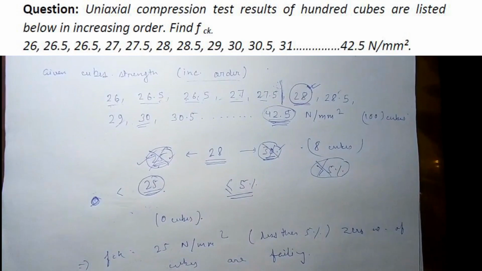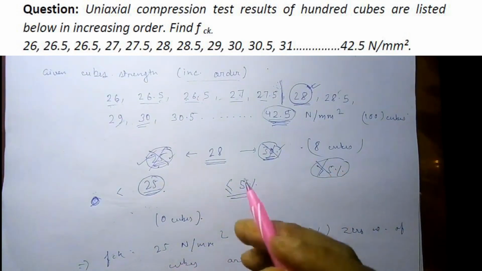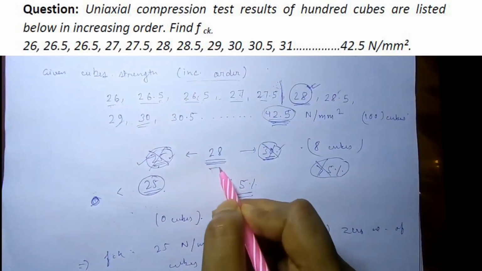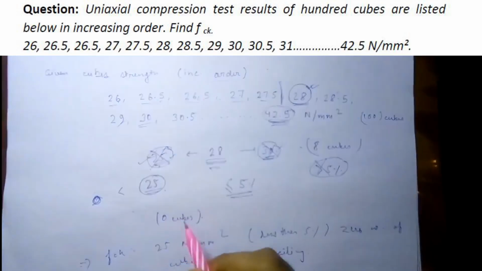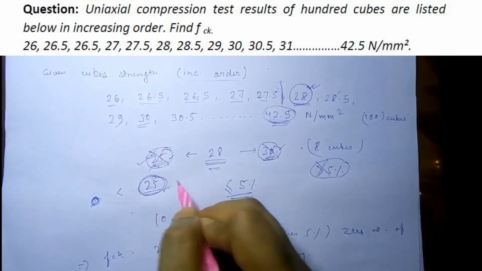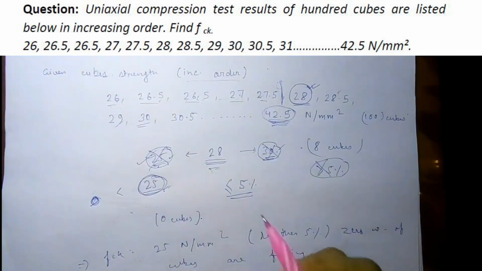So I can say that our test is so good that below 5%, the 5% strength of this particular thing I am taking as 25 Newton per mm square. It's because I have no other option.